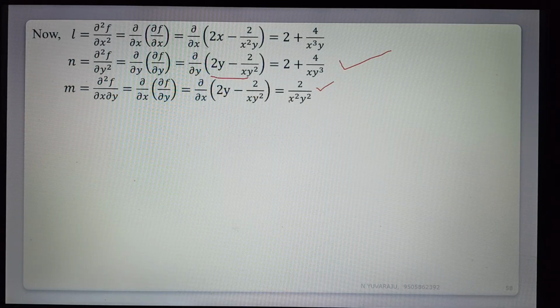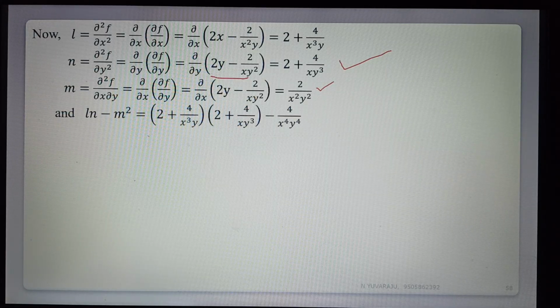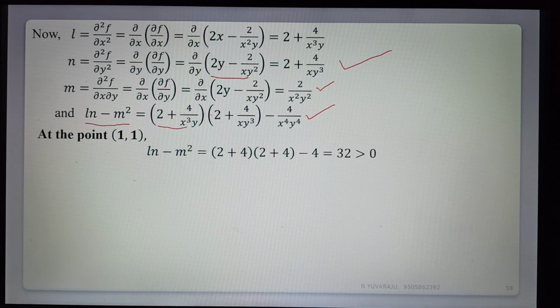Now finding the condition LN minus M square. LN minus M square is L into N, that is 2 plus 4 by x cube y into 2 plus 4 by xy cube, minus M square, 4 by x power 4 y power 4, at the point 1 comma 1. LN minus M square is equal to 2 plus 4 into 2 plus 4 minus 4, that is equal to 32.